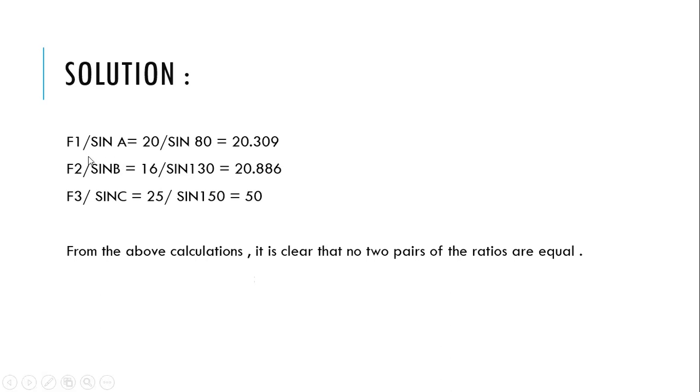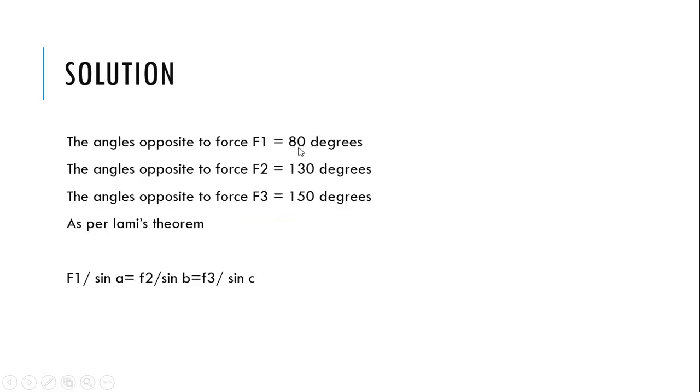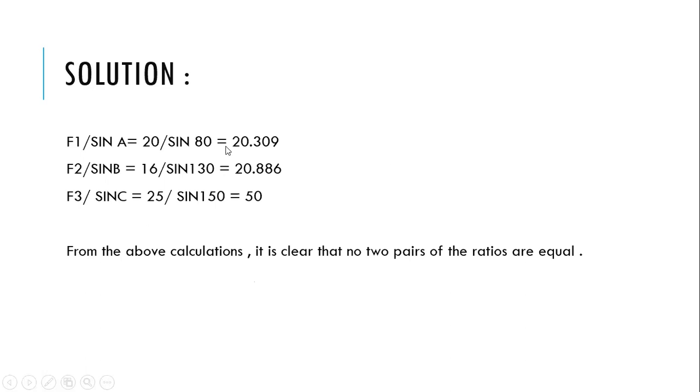Take F1 by sine A and substitute in the given equation. F1 is equal to 20 Newton, and A is 80 degrees, the angle between the forces F2 and F3. So sine 80, substitute and find the ratio.